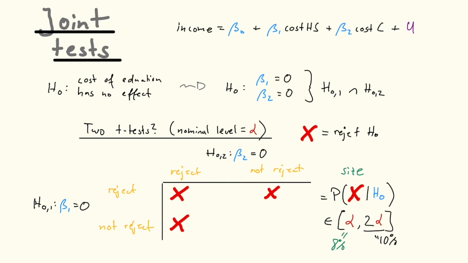This means, by proving that the null hypothesis is false, we have shown that at least one of the betas is non-zero. For example, one way for the null hypothesis to be false is if beta 1 is equal to 0, but beta 2 is unequal 0. This corresponds to the case where cost of high school doesn't matter, but cost of college does.